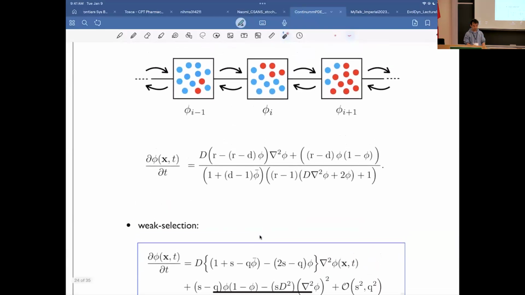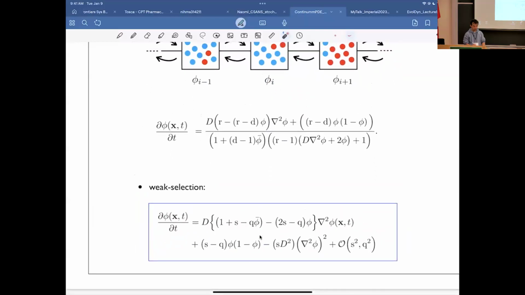So each index i in the continuum limit is going to be replaced with an x, and it actually has a phi in front of it. In other words, you have a small component that's density dependent, like a diffusion constant that is somewhat density dependent.